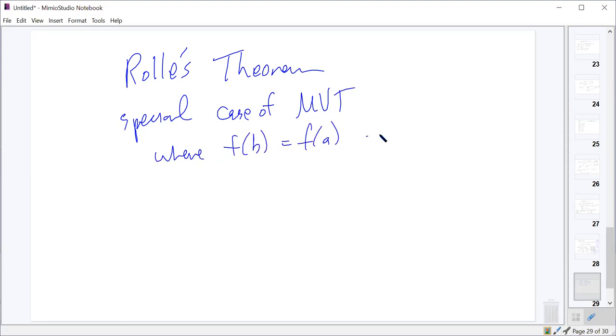If f of b equals f of a, that's telling you that the slope is 0. It's telling us that there is a critical value on the interval. So they may use the terminology of Rolle's theorem, and just remember that that's a special case of the MVT. Cool. All good there? I hope.